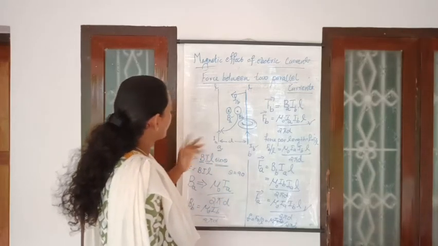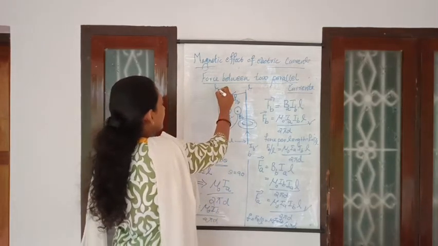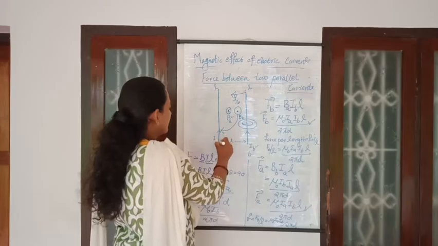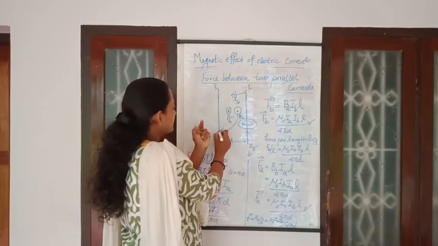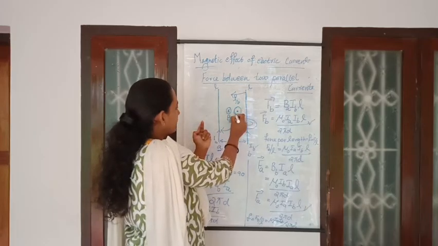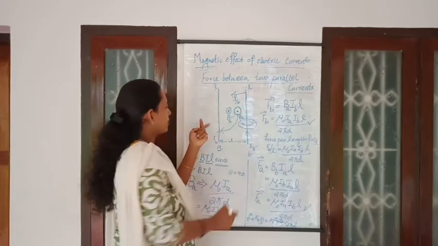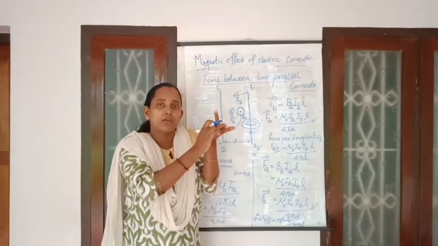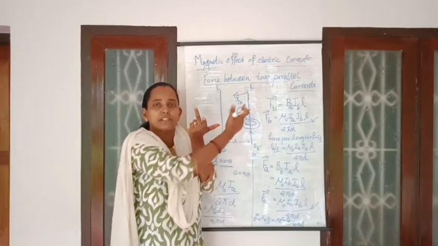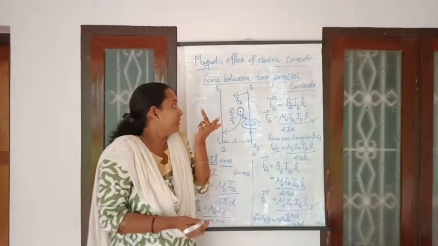Understood? But what about direction? This conductor carries current in the upward direction, and it experiences a force because of this magnetic field. The magnetic field is outward. So current upward, magnetic field outward, therefore the thumb points towards this direction.